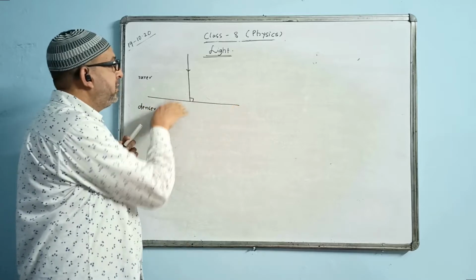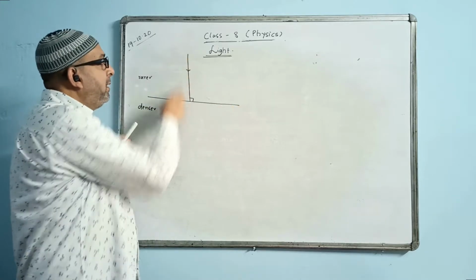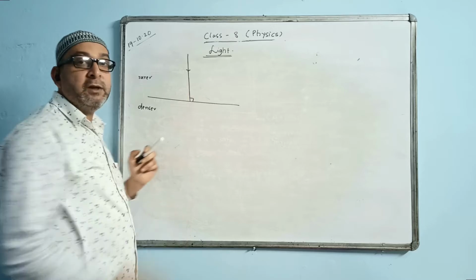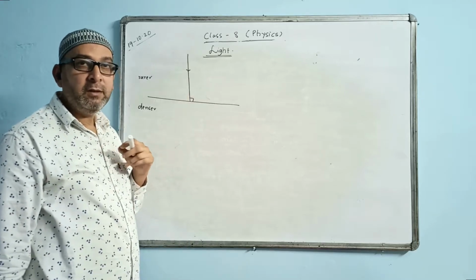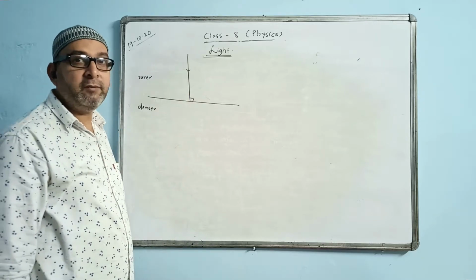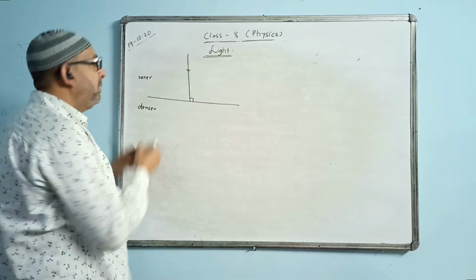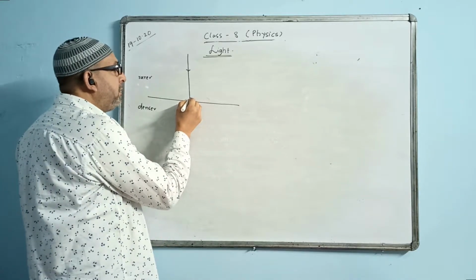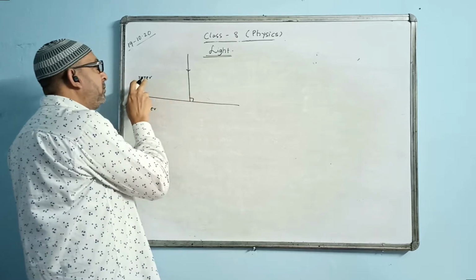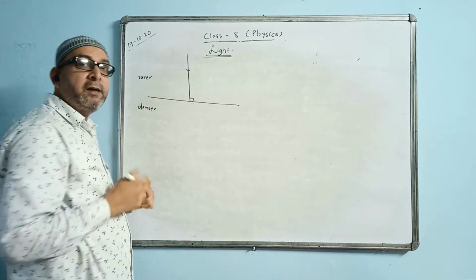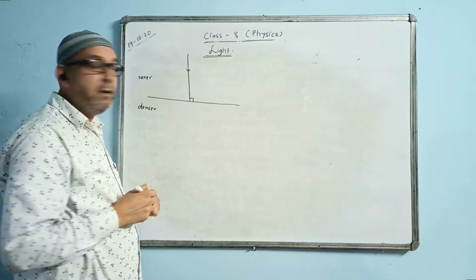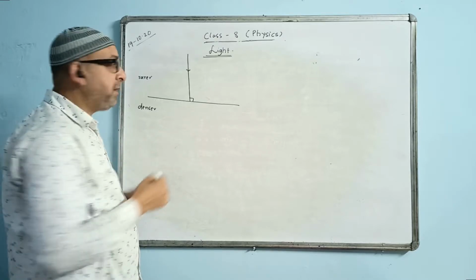This is the surface separating the rarer medium and denser medium. The ray of light is passing normally through the surface. Normal is perpendicular to the surface. Then what will happen? This time the ray will not bend. This is the case when the ray travels from one medium to another medium, yet it does not bend. This is also possible. No refraction is taking place.